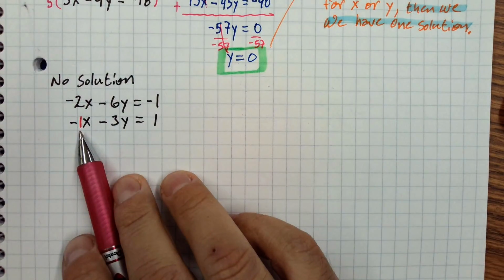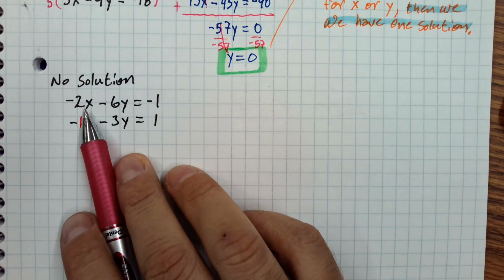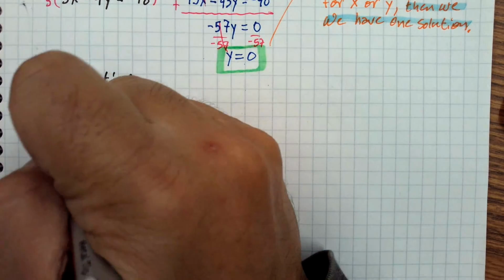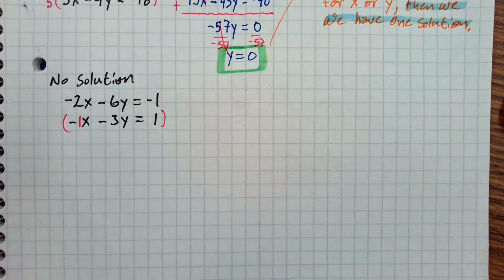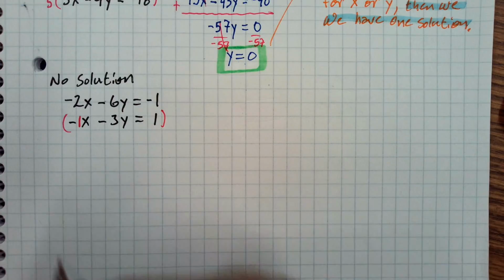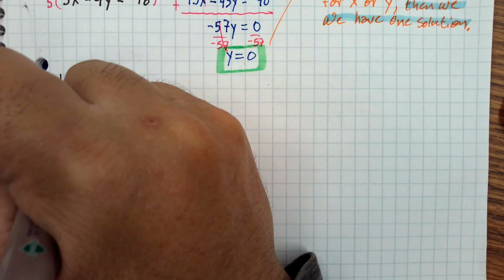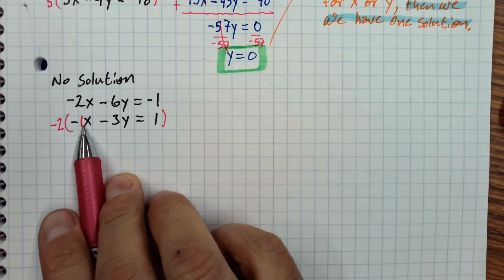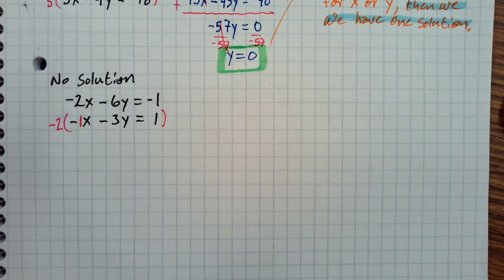Let's say I want to eliminate x's again, just because they seem easy. What's the least common multiple between 1 and 2? 2. So I already got a -2 there. I just want to multiply the bottom one by -2. If I multiply by -2, this will give me positive 2x, which will give me the opposite there. Okay, let's do it.